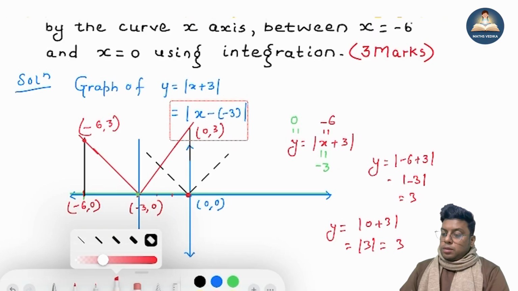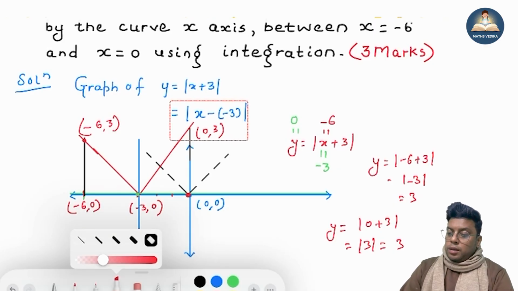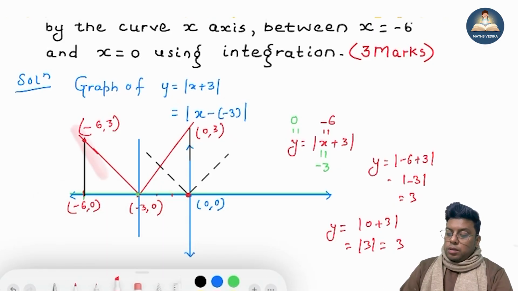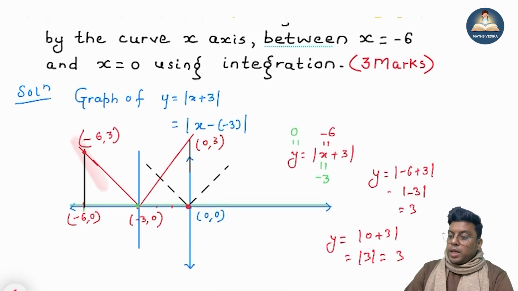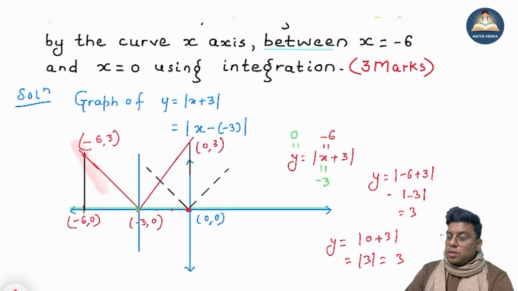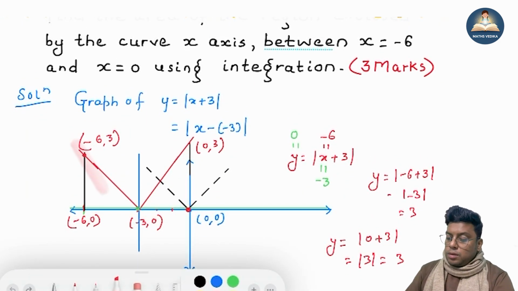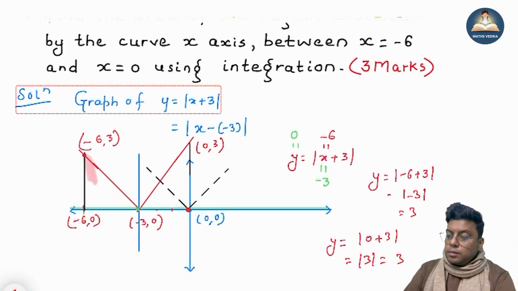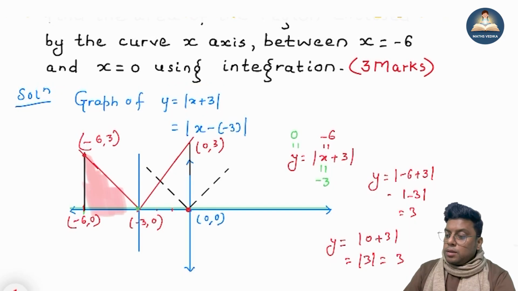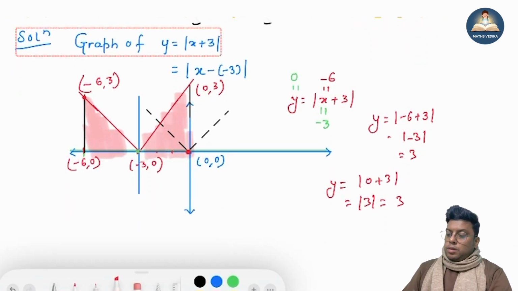So the area will be the area enclosed by this graph from -6 to 0. This area, which is shaded, is the area of these triangles.